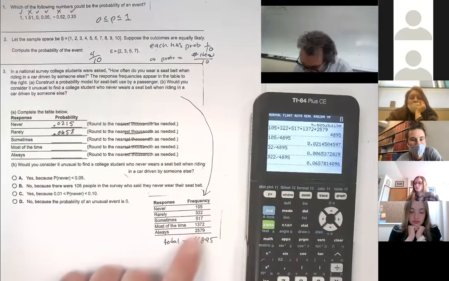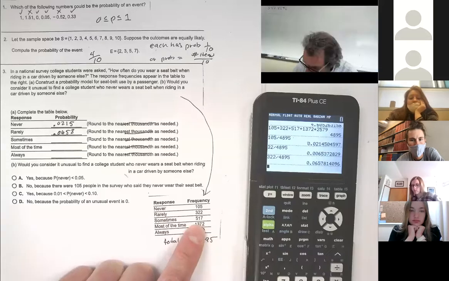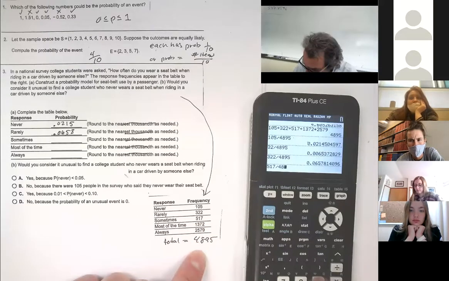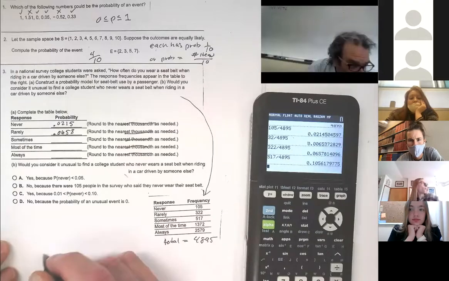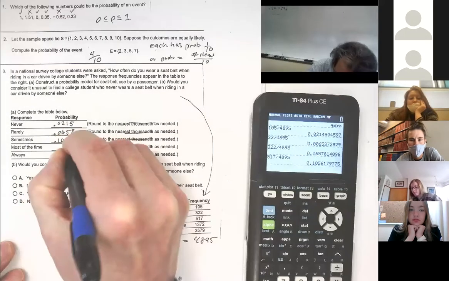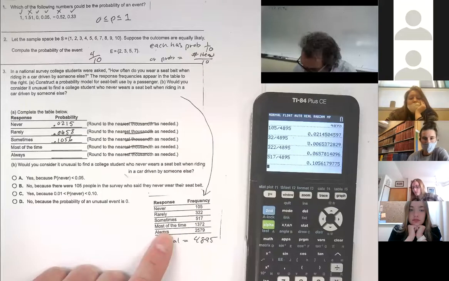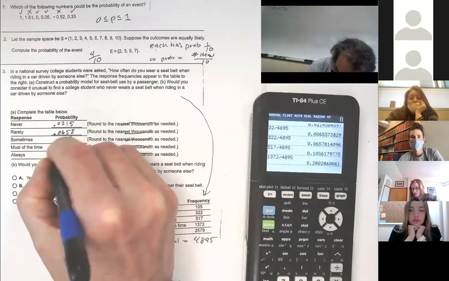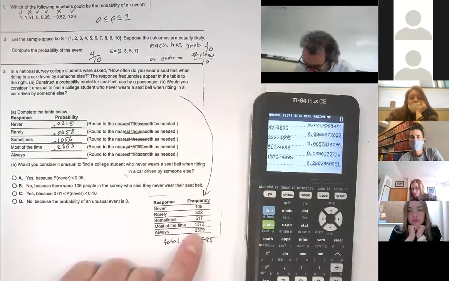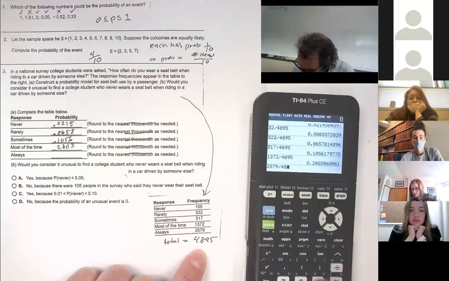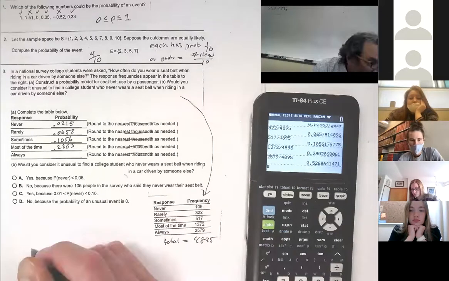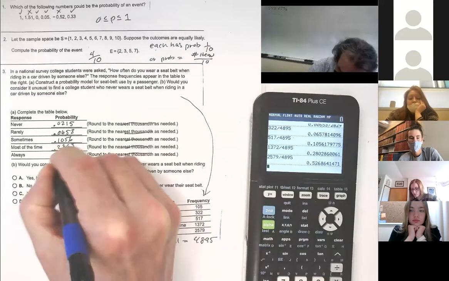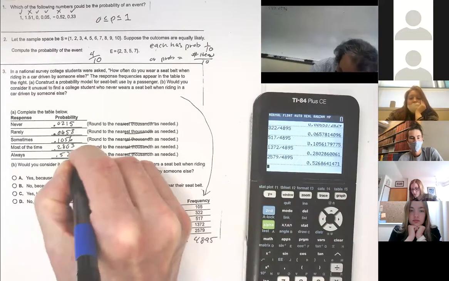Sometimes, 517 divided by 4895, 0.1056. Most of the time, 1372 divided by 4895, 0.2803. And always, 2579 divided by 4895, 0.5269, like that.